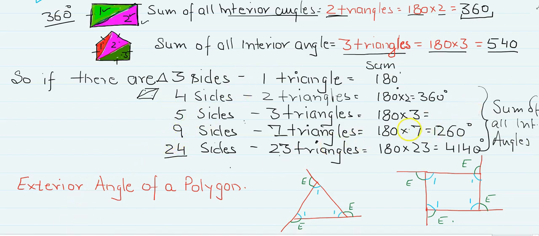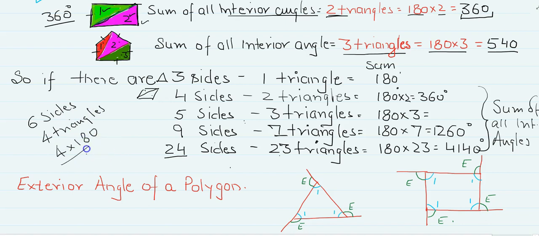So now I think it's easy for you. For example, if I say there are 6 sides, there will be 4 triangles, so that will be 4 multiplied by 180.